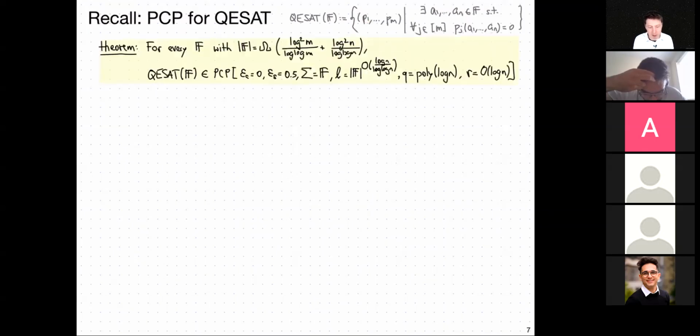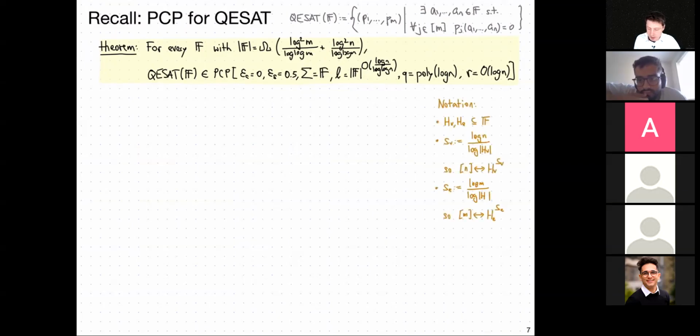Roughly, the theorem that you proved is that if the field is large enough, roughly polylogarithmic in either the number of variables or number of equations, then you can construct a PCP whose proof length goes something like this: F to the log n over log log n, polylog number of queries, logarithmic randomness over that finite field.